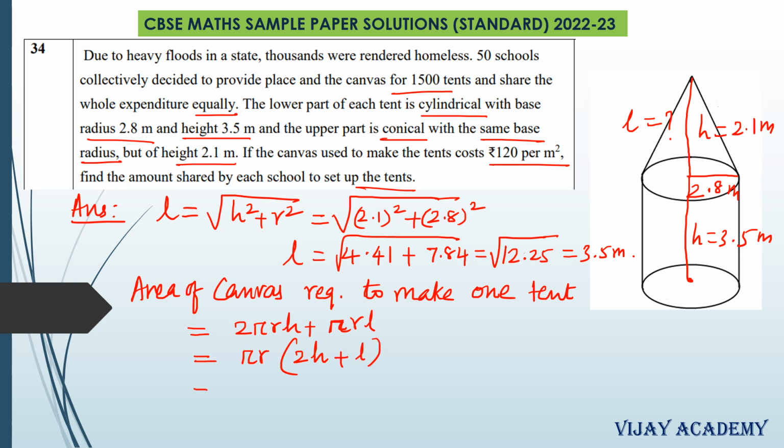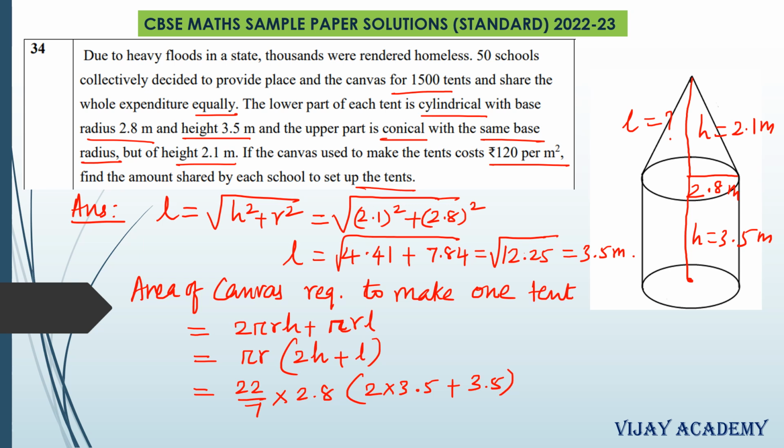And let us substitute the values of all this. Now π value is 22/7 and radius is 2.8 meter, multiplied by 2 into h. h is here height of the cylinder 3.5 meter, and slant height, that is also 3.5 meter.